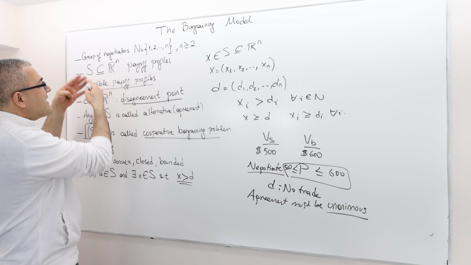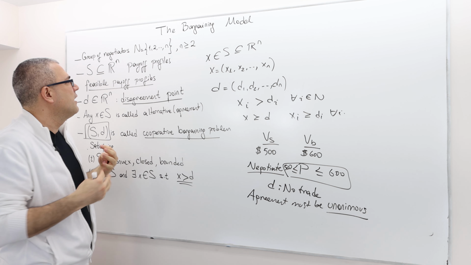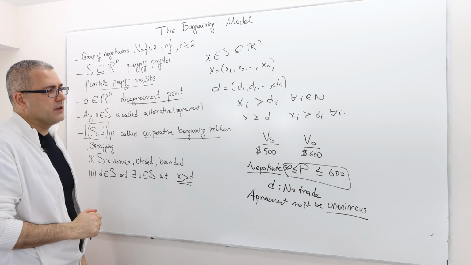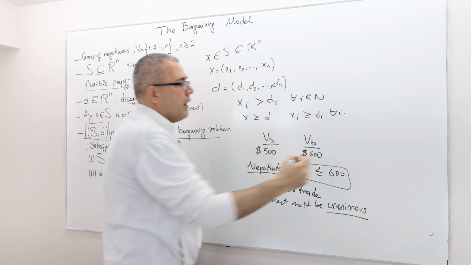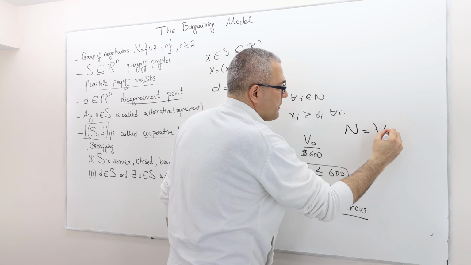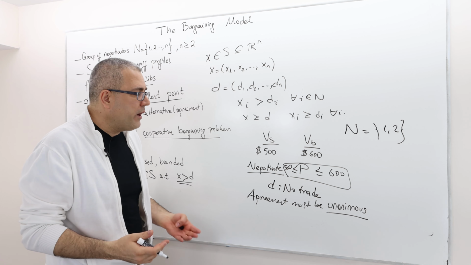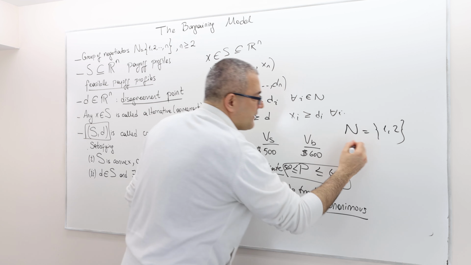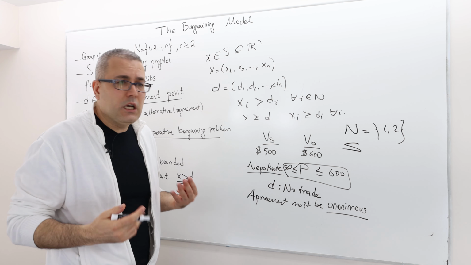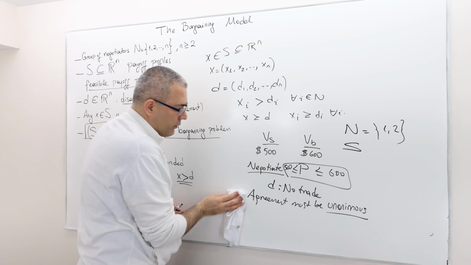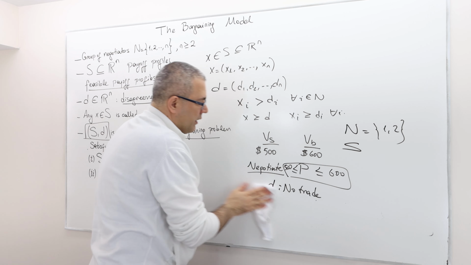Okay, now we kind of talked about what the disagreement point would be. Now let's try to create these payoff profiles, or the feasible payoff profiles. Well, first off, what is the set of players? Well, it's this, right? There are two players. Okay, good. Well, what about the set S? What does it look like? Well, first, it's totally up to you how you define it.